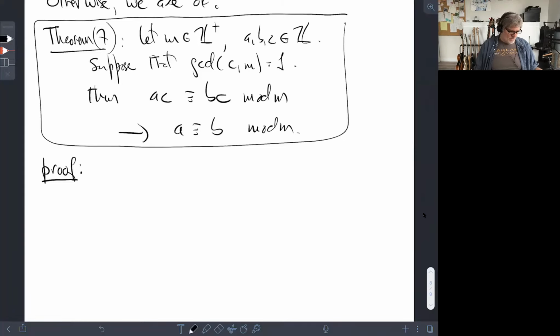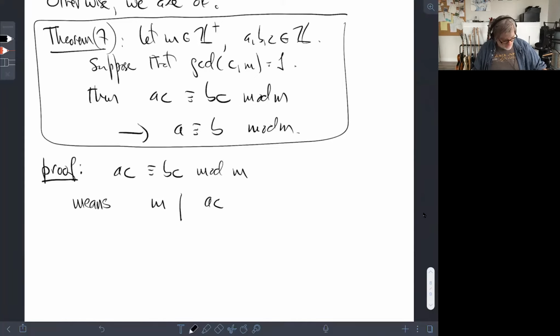So AC congruent to BC mod M means what? By definition, it means M divides the difference, right? M divides AC minus BC.